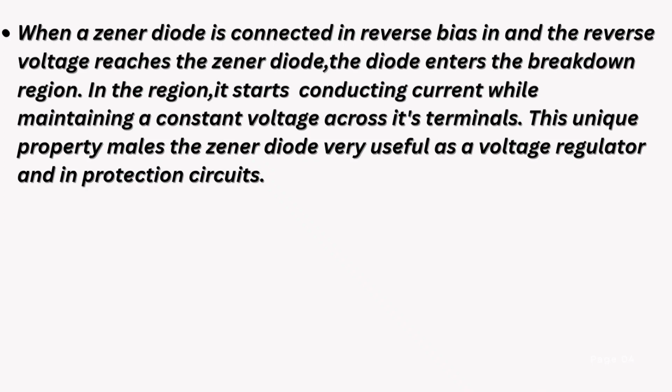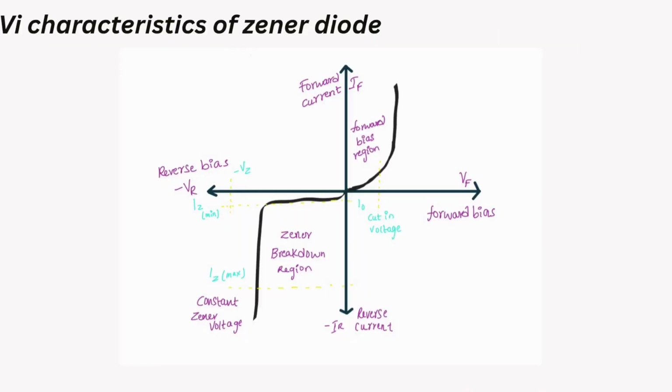Here I want to say one thing: the zener diode is a very special semiconductor device, because when it operates under forward bias, it acts as an ordinary diode. The flow of current in forward bias is the same as the normal PN junction diode.